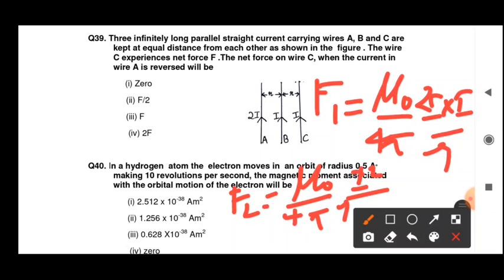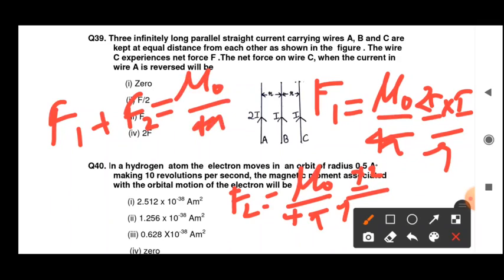So F1 plus F2 is the net force on wire C, because on wire C the force will be due to A and due to B. This value is obtained as mu 0 upon 4 pi, 2I square by R. And here I think it should be 2R, because the distance is 2R between them.